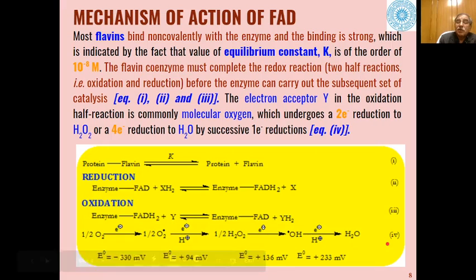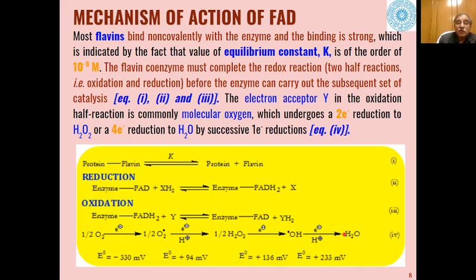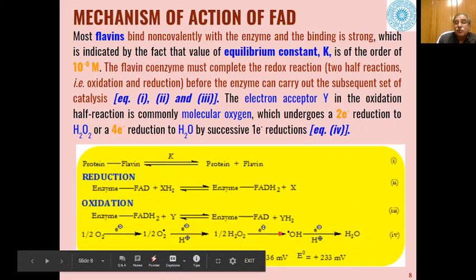So it will depend on what type of product is formed, whether H2O2 or water, depending upon how many electrons are used, either 2 electrons or 4 electrons, in the completion of the reaction.